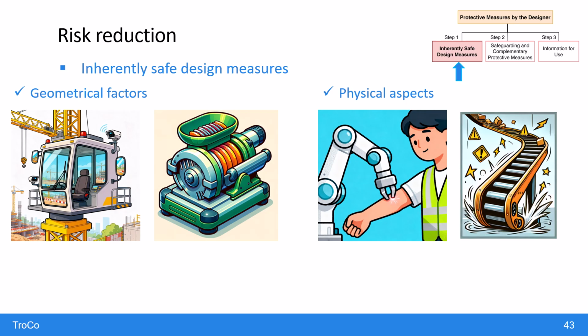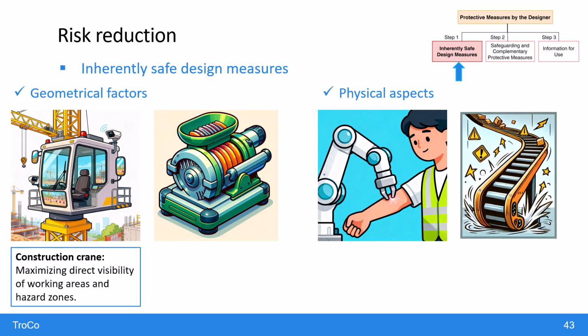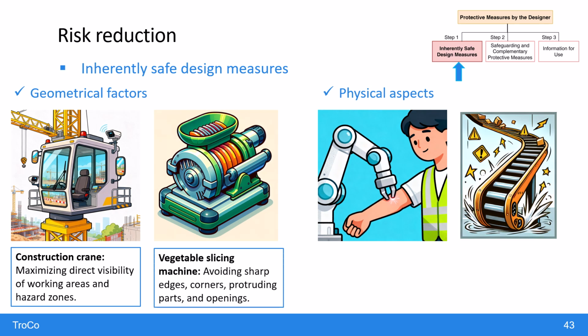Let's look at some examples of geometrical factors and physical aspects in inherently safe design. Geometrical factors. First example, visibility and control. A construction crane should allow maximum direct visibility of working areas and hazard zones. Second example, avoiding hazards. In a vegetable slicing machine, sharp edges, corners, protruding parts, and unnecessary openings should be eliminated. Physical aspects.